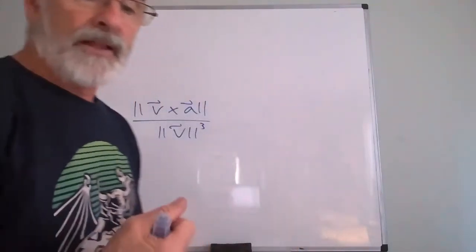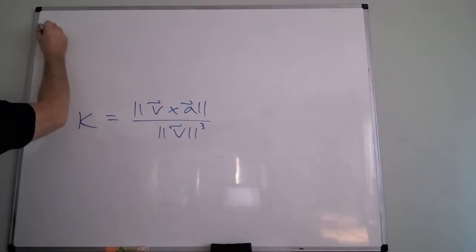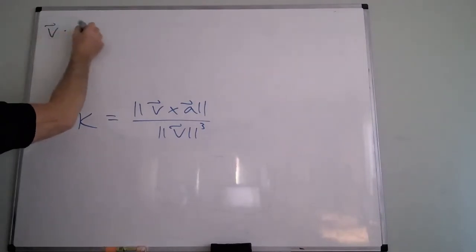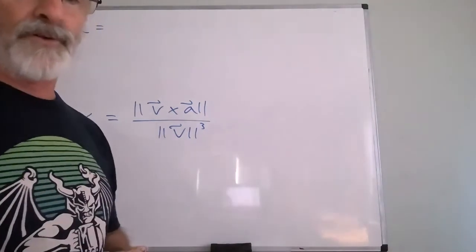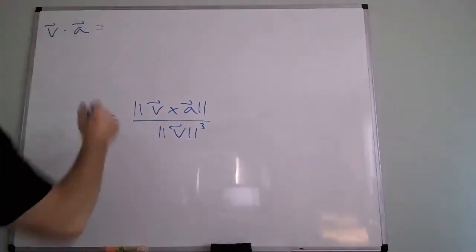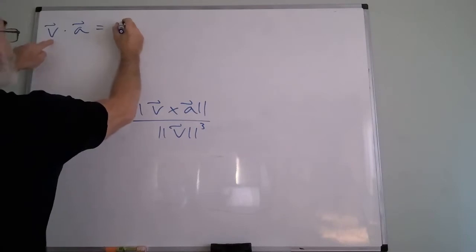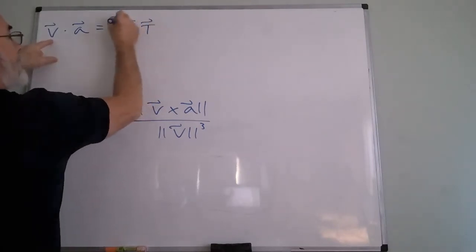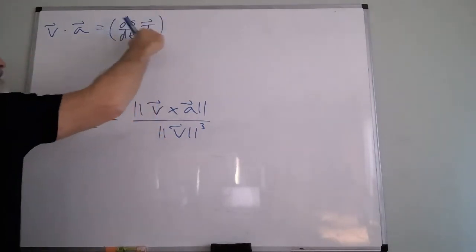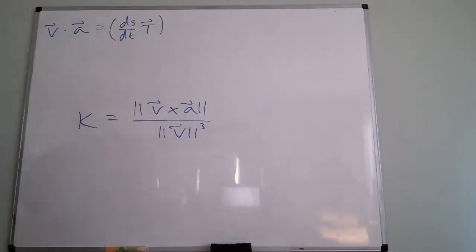Okay, so let's write down the following. Let's do V dotted with A. But let's use the alternate versions of each one of these. So let's use what we've already done earlier today. Let's replace V with ds/dt T, right? That's length of V times T. We know that's true. We've already used that today. In fact, we did the derivative of this.